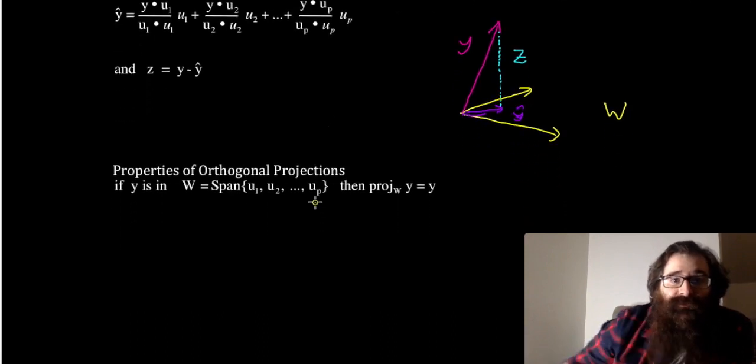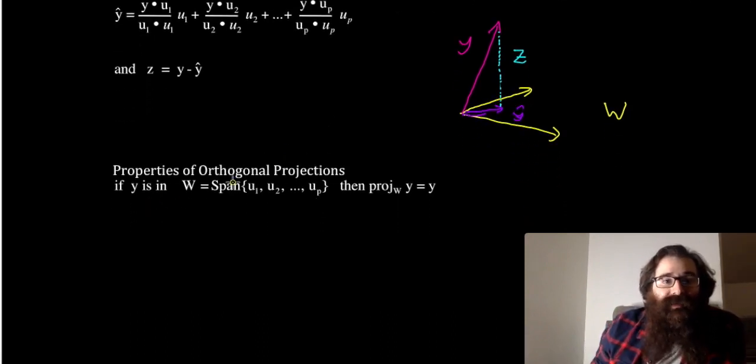And then we have properties of orthogonal projections. If y is in W, where W is the span of these orthogonal vectors building a basis, then the projection of y onto W is y itself. So this is saying, what if this pink vector y is already in the span of these orthogonal vectors? Well, then it is its own projection.